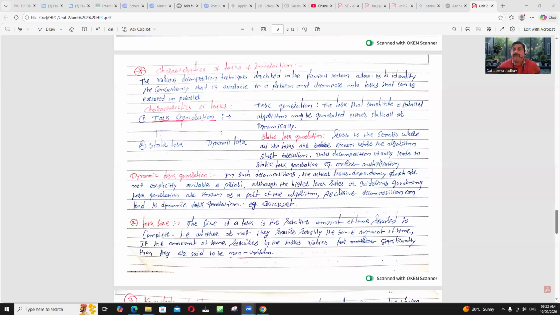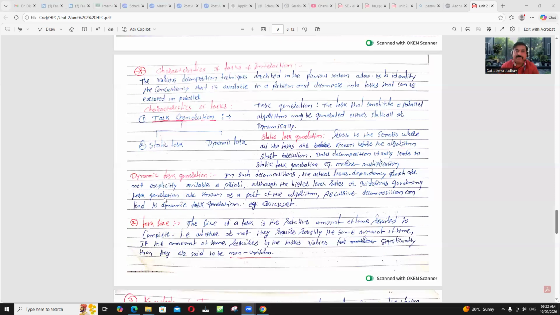Although the higher level rules or guidelines governing the task generation are known as part of the algorithm. So at the time of execution, which task will be executed is decided then. It is not pre-decided, right?